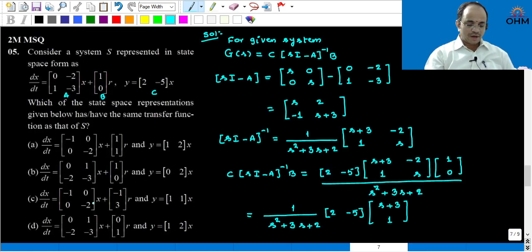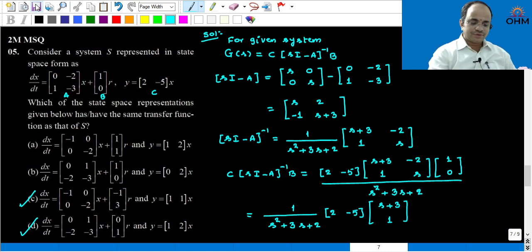Now, if you observe closely, for option A and C, system matrix A is the same, but option C transfer function matches with the given system transfer function. For option B and D, again system matrix A is the same, but only for option D, the transfer function is the same as the given system transfer function.